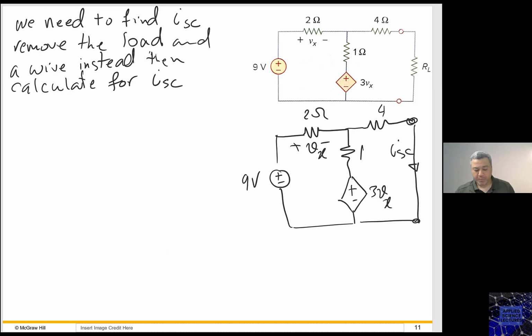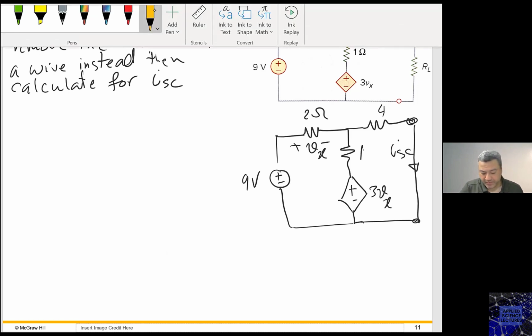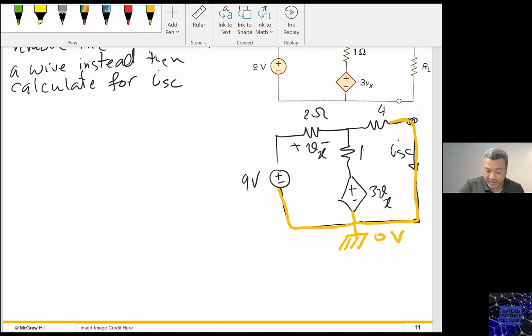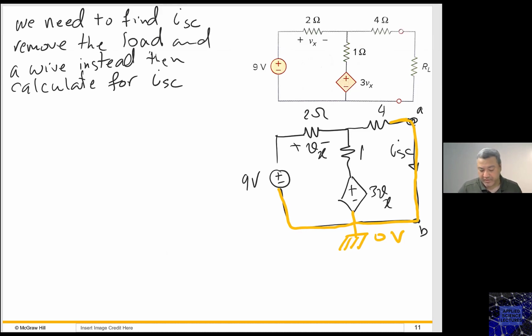Okay. So my reference is here. I will keep it the same. But now guess what's going to happen? Now this is my reference, zero volt, right? Now if you recall, A is 0 volt.